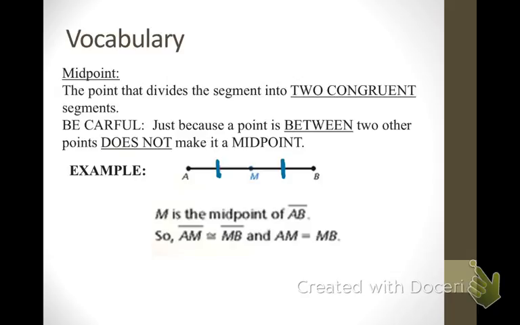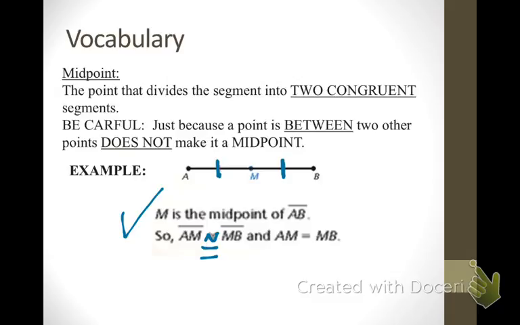Now, again, write this example down because this is very important here. I'm going to read that point M is the midpoint of line segment AB. So, line segment AM is congruent to line segment MB.